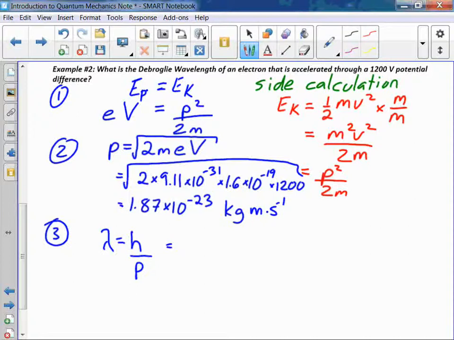I keep forgetting Planck's constant. It's 6.63.